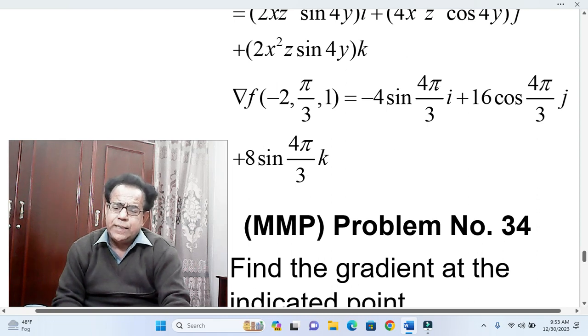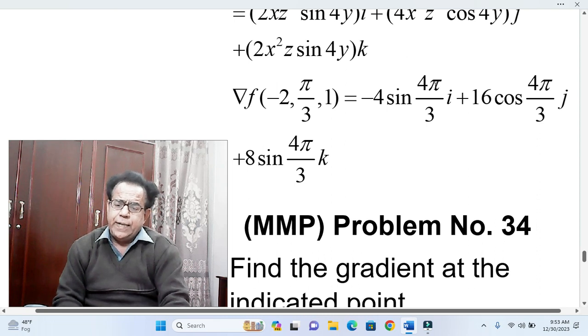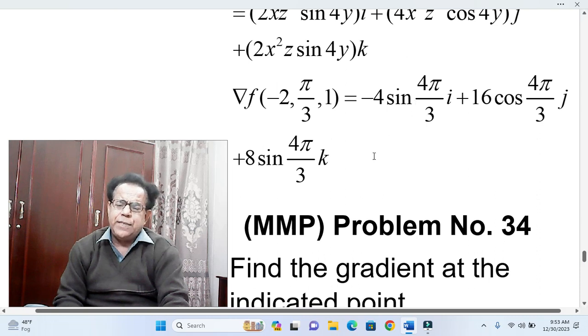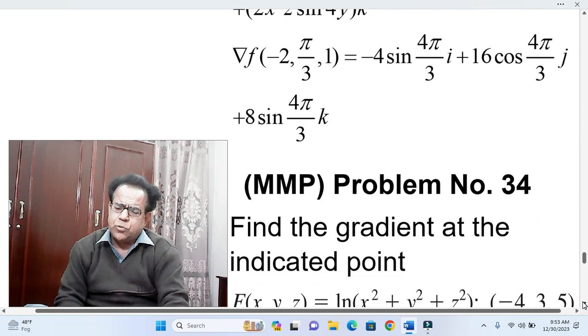Actually, pi is 180, then when 180 is divided by 3 it becomes 60. When 60 is multiplied by 4 it becomes 240. So accordingly it can be solved one step more, but it is a matter of discretion. To this extent our answer is 100% correct.